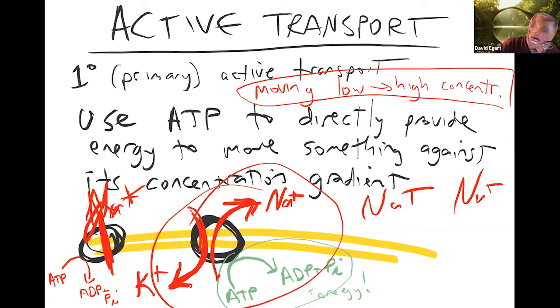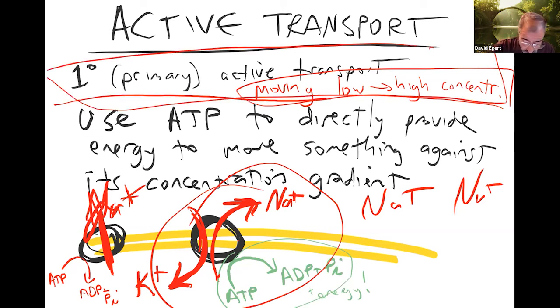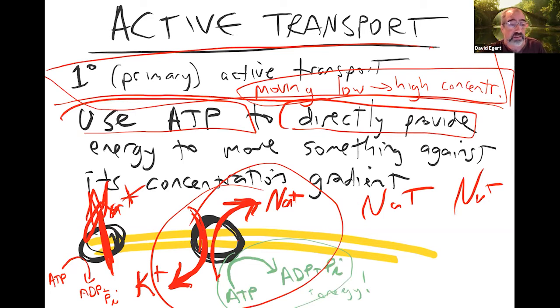But this idea of primary active transport uses ATP directly to provide the energy. There's another kind of active transport which you need to know, which is called secondary active transport, which is actually going to use a lot of the things we've just been talking about.